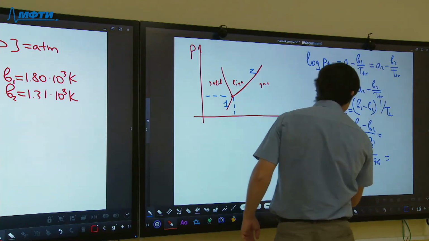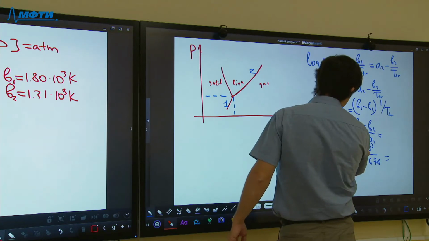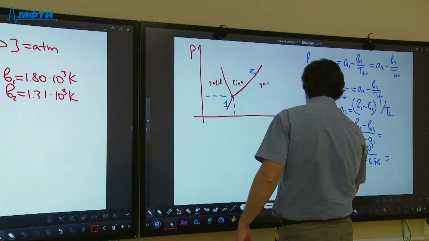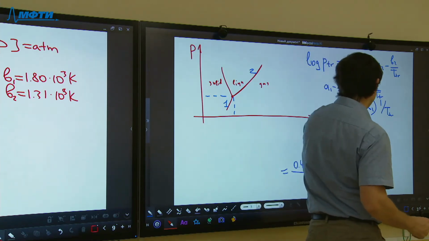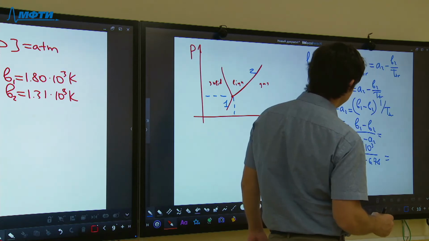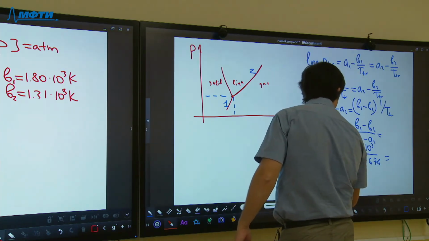Now I can calculate, not approximately: 8 minus 3 is 5, but I also have 1, that gives me 0.49 times 10 to the 3. And here, 9.05 minus 6.78 should be something like 2.27.